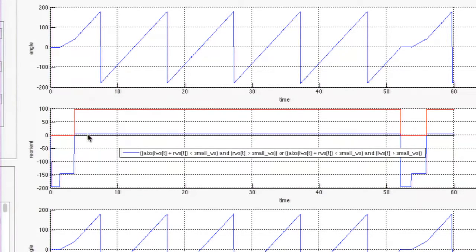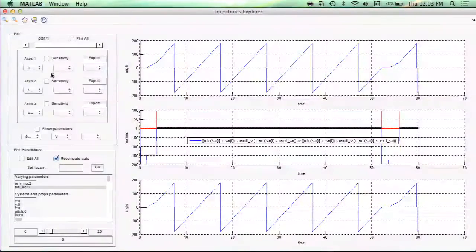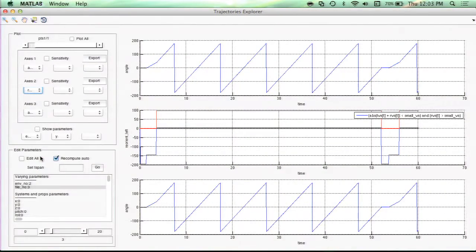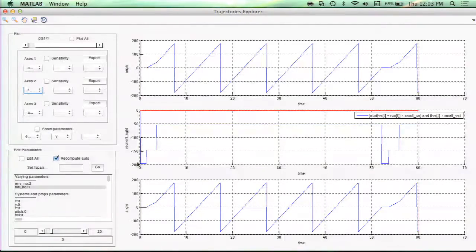Don't pay attention to the blue thing. The red signal is the Boolean value of this predicate. So what you can see is it's true from this time until this time, and then true thereafter. If you look at reorient, this is reorient left. This is reorient right. So reorient right is clearly false. It's 0 all the time.